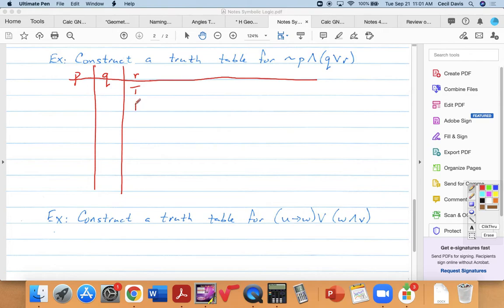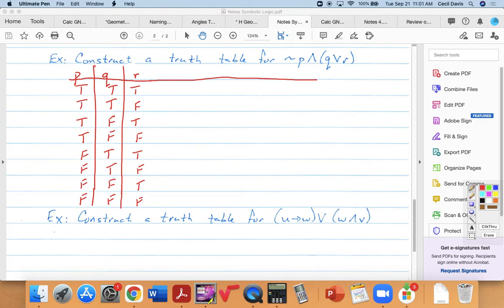So under R, true, false, true, false, true, false, true, false. Under Q, I'll do true, true, false, false, true, true, false, false. And then underneath P, I'll do true, true, true, true, false, false, false, false. That should get me every possible combination.